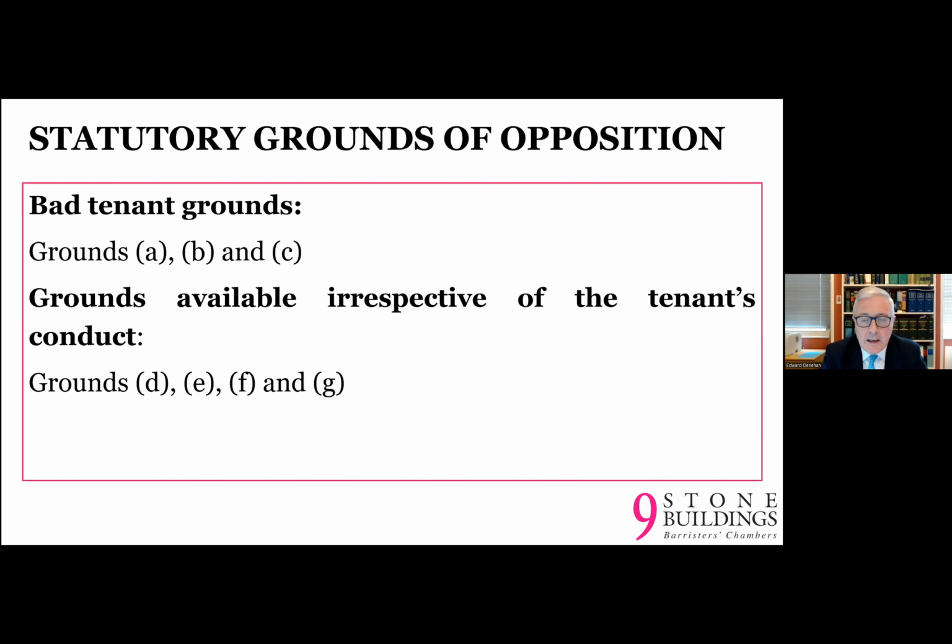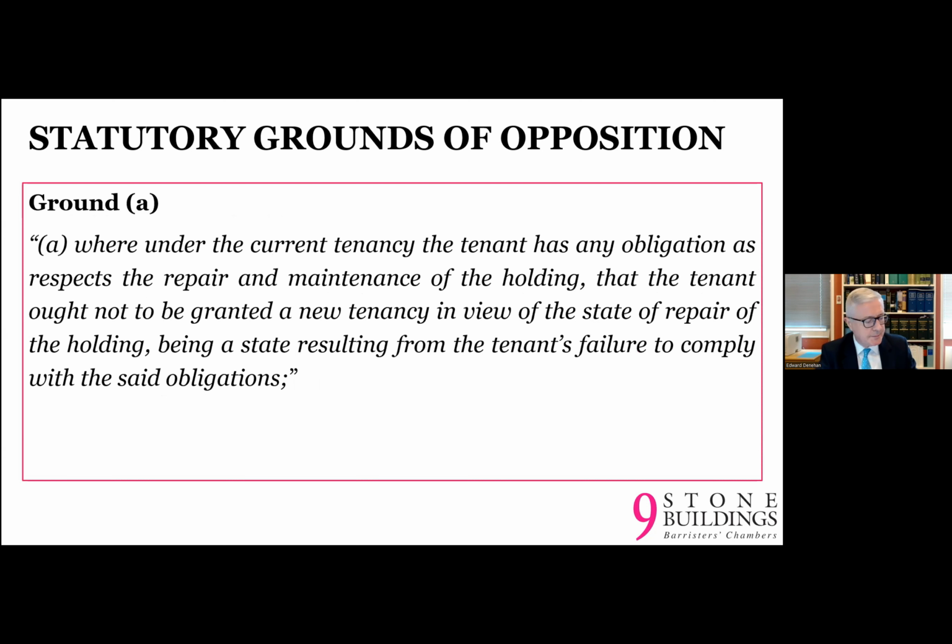Grounds D and E, alternative accommodation and the current tenancy created by a sublease, the circumstances when they arise are, I suggest, not very common, and therefore don't often arise. It's F and G, in particular ground F, that are the grounds which are more frequently relied upon when opposing an application under section 24(1).